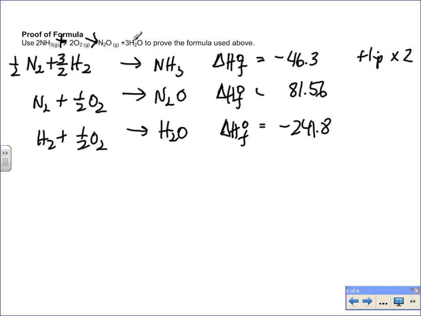We want in our goal reaction to have 3 H2O. So what that means is that we need to take this reaction and we need to multiply it by 3. Now, if you'd like, you can stop, take these reactions, apply the changes, and ensure that they do in fact add up to this goal reaction.